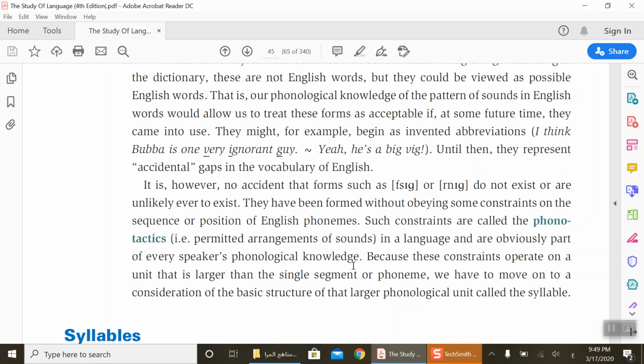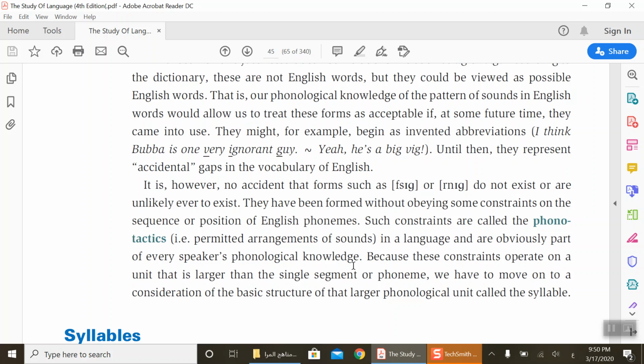Okay, this is the definition of phonotactics. Or we can say, in other words, phonotactics deals with the ways in which phonemes are allowed to combine in a particular language. Okay, I will repeat the definition slowly.